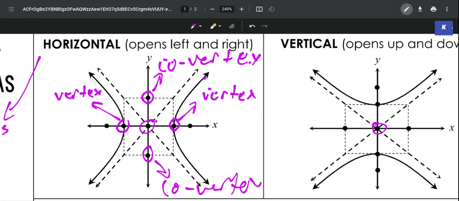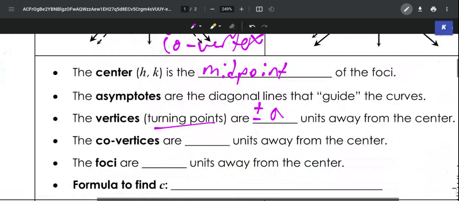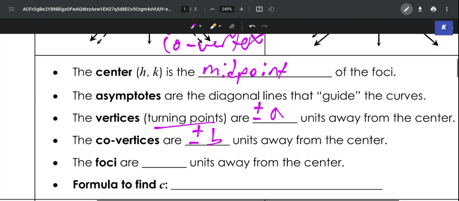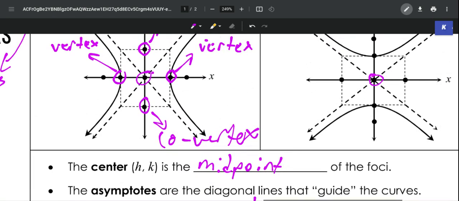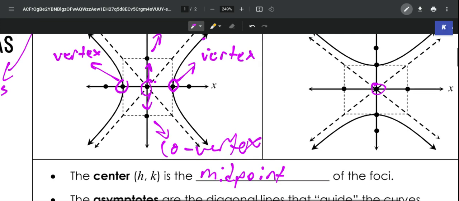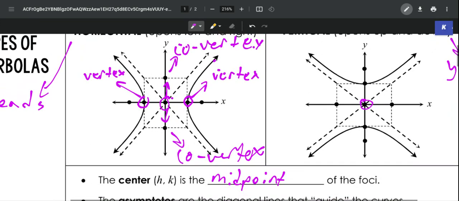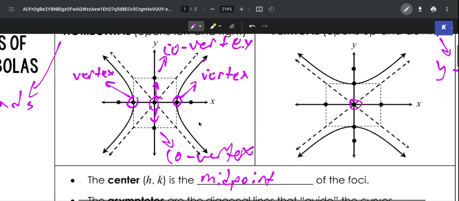Those will be plus or minus b units away from the center. If we start at the center here and count up and down, that would get us to our co-vertices.